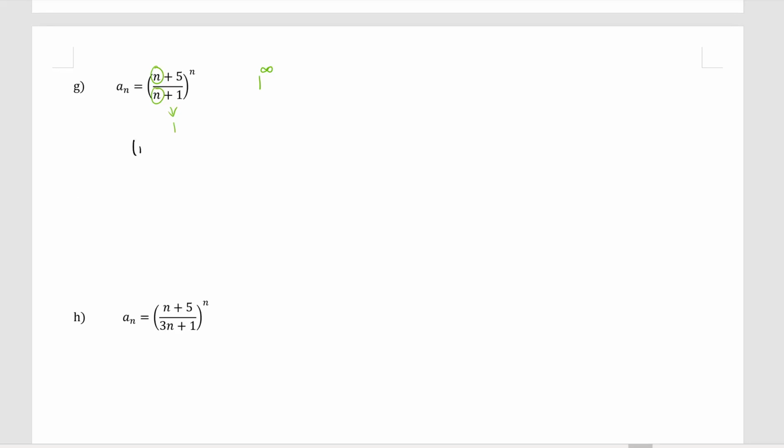So ln of a sub n is ln of (n plus 5 over n plus 1) to the n. Why do we want to apply natural log? Because we can then bring the power down in front. So we have n ln of (n plus 5 over n plus 1).